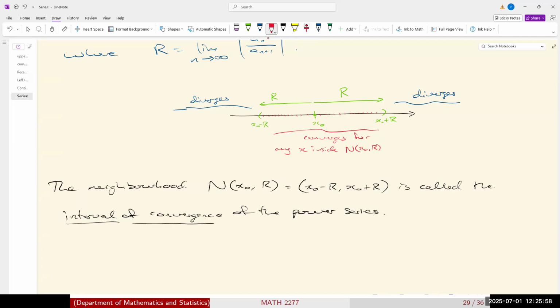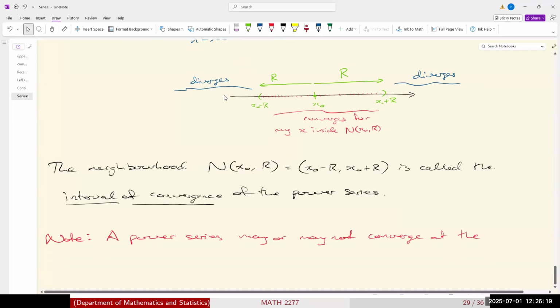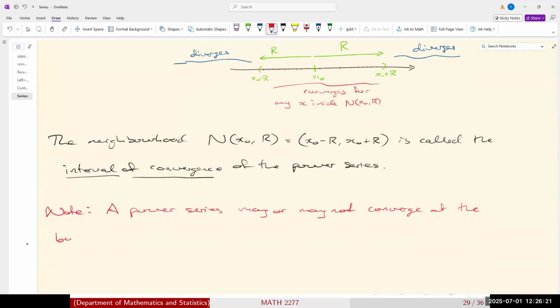So I'll put here a note: a power series may or may not converge at the boundary of this interval.